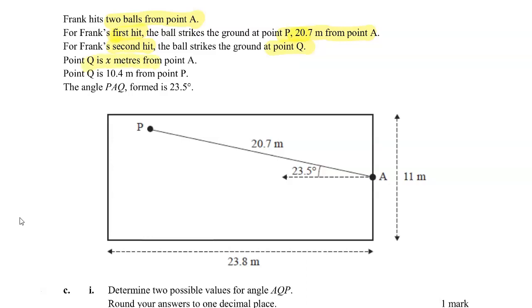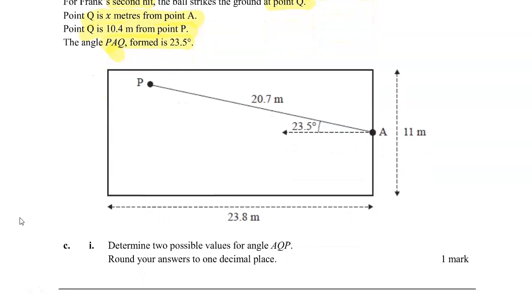Q is X meters from point A. Q is 10.4 meters from point P. The angle PAQ, so that's the angle between P, A, and Q, wherever Q is, is 23.5 degrees.